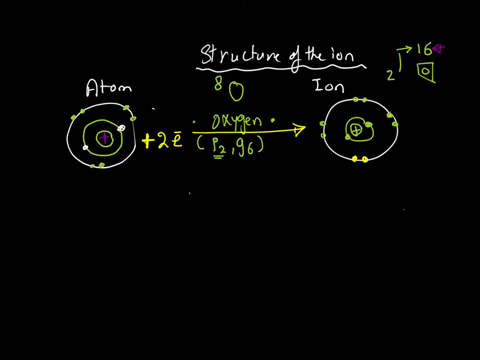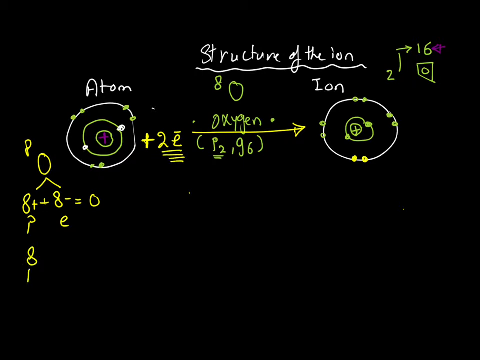The atom normally is neutral. Any atom is neutral, with equal positive and negative charge. If oxygen has an atomic number of 8, it has 8 positive protons and 8 negative electrons, and the total charge is 0. Now, the atom has gained 2 electrons.